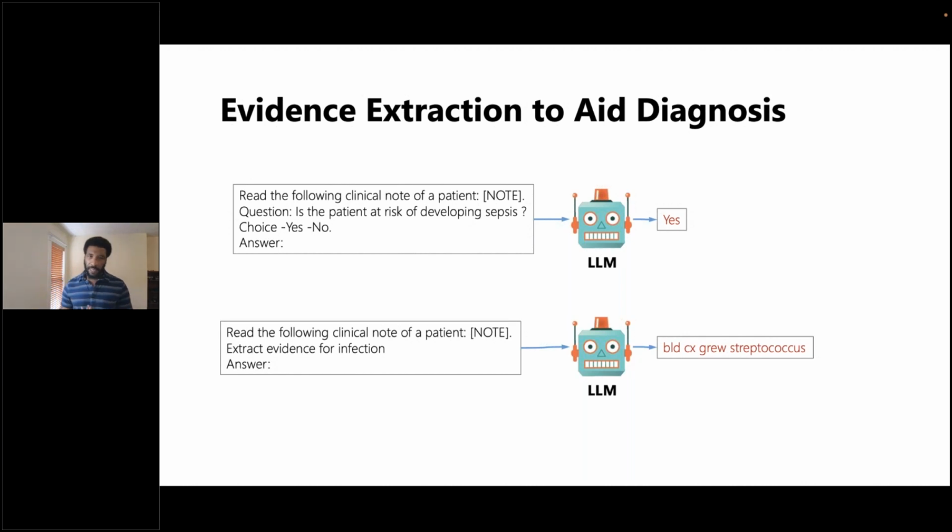But from our preliminary experiments, we found that the model is able to find relevant evidence. However, because the model was not trained specifically on medical data, we find that it may retrieve pieces of evidence that are just too broad or that are not really pertinent in this specific scenario.